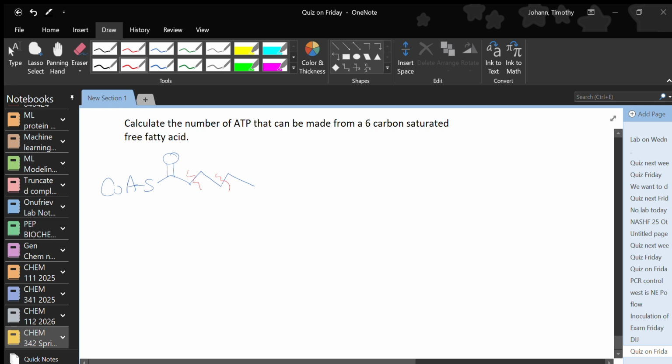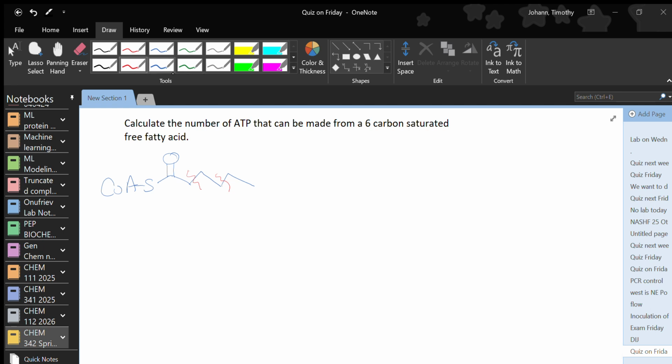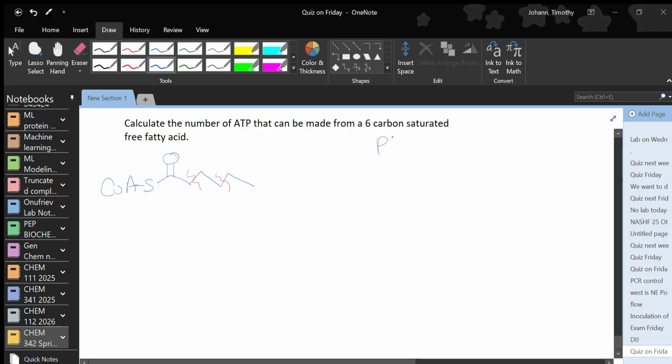ATP not solely from beta oxidation, but from the citric acid cycle as well. So let's go with our usual P/O ratios, 2.5 and 1.5. Let's not make it more complicated.